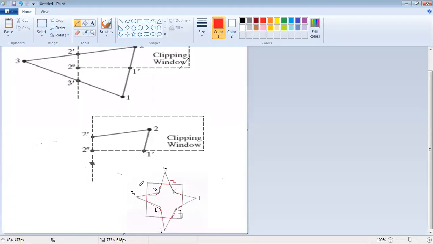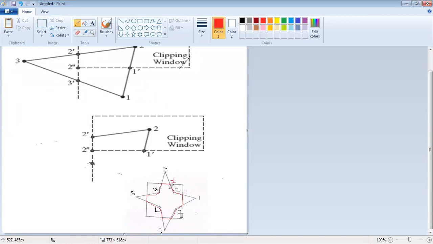You need to number the vertices: this vertex is 1, this is 2, 3, 4, 5, 6, 7, 8. You need to go on checking the intersection of each edge with the clipping window. If there is any intersection, you name that with a dash.